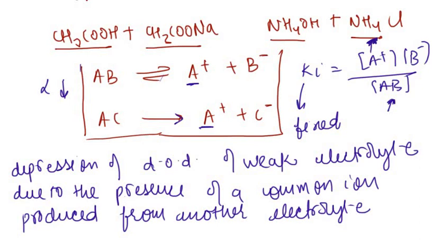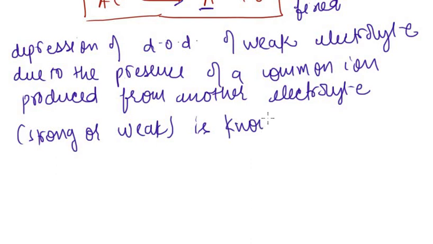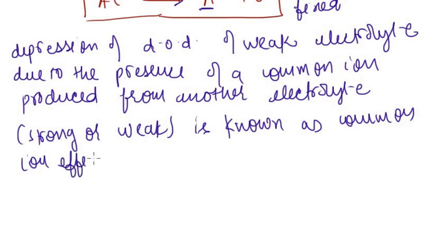It could be strong or weak. Doesn't necessarily both have to be weak, one has to be strong or weak. It is known as the common ion effect.